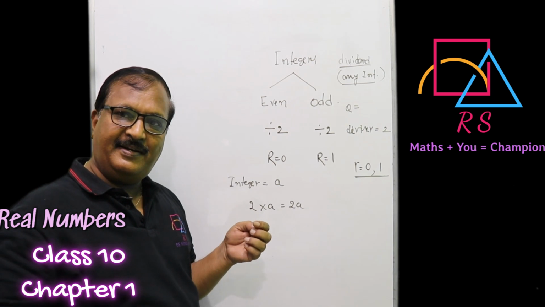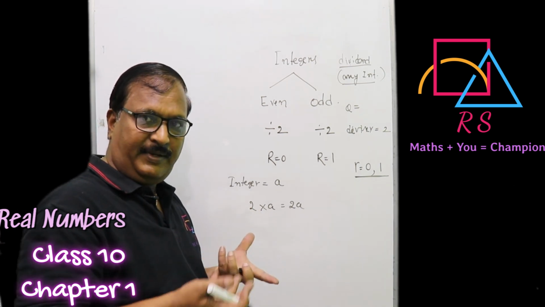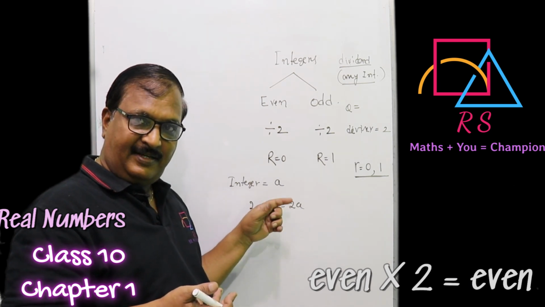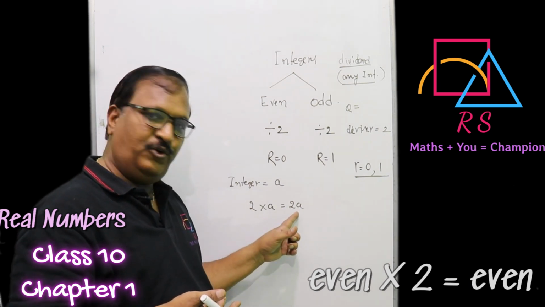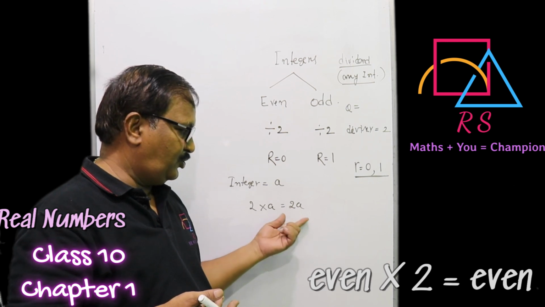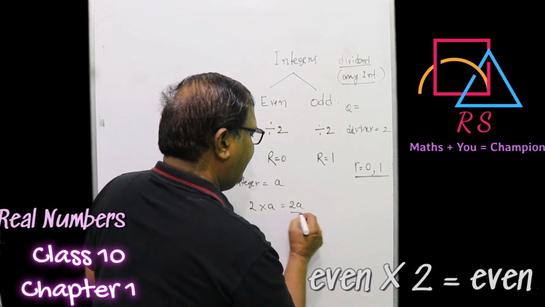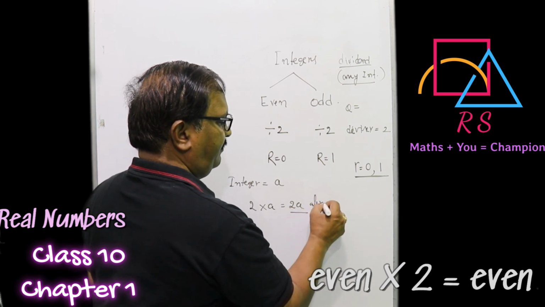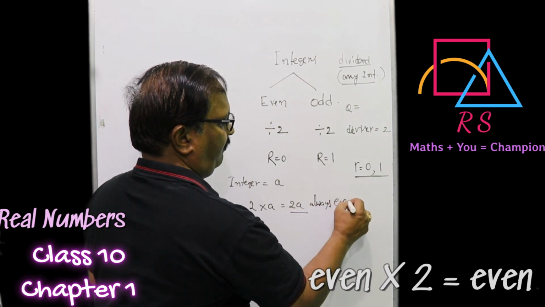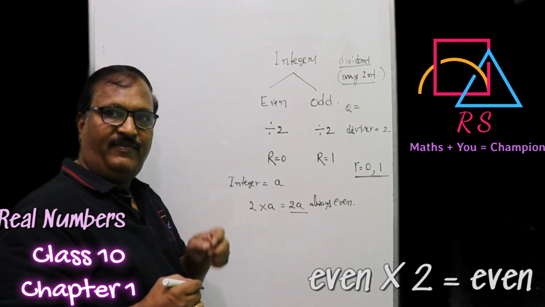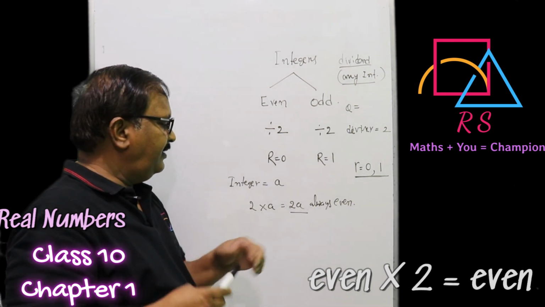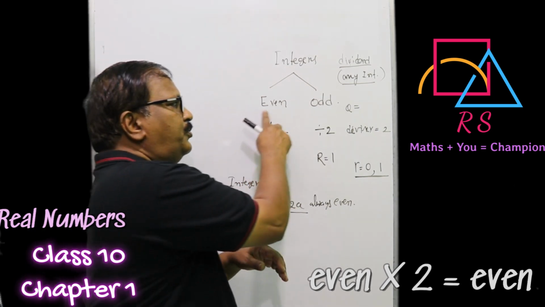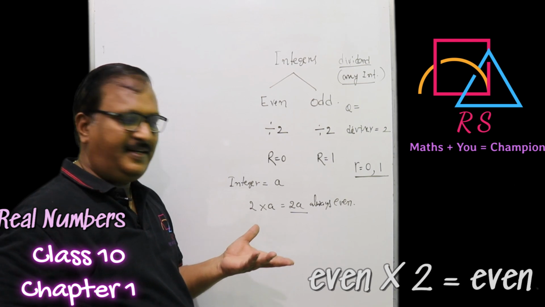An integer multiplied by 2 definitely gives an integer, so 2a is always an even integer. If you want, you can verify it. How do you verify? You replace a with different values.